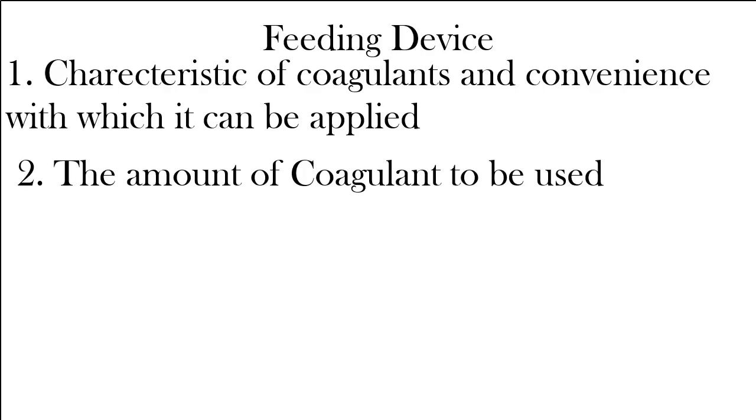The second characteristic is the amount of coagulant to be used. How much quantity you are using for your coagulant also matters. For example, if the quantity to be added into the coagulation tank is very small, then you need to take that small quantity and make a solution, and that solution can be added into the coagulation tank, so that the small quantity can spread to every corner of the tank.